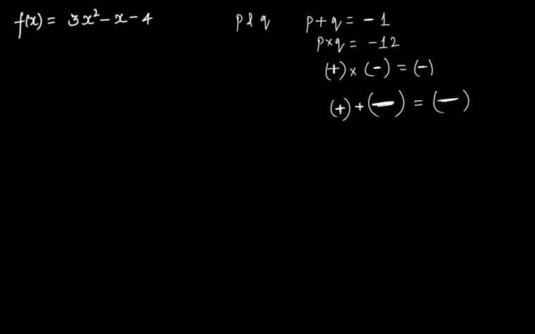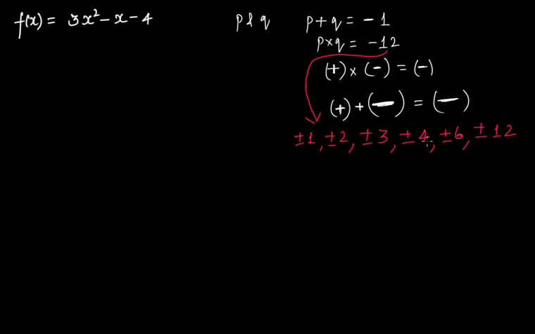It means that one number is positive, one number is negative, and the negative number is greater than the positive number. Okay. So again, write all the factors of 12: plus minus 1, plus minus 2, plus minus 3, plus minus 4, plus minus 6 and plus minus 12. Now we want minus 12 here, we want minus 1 here.